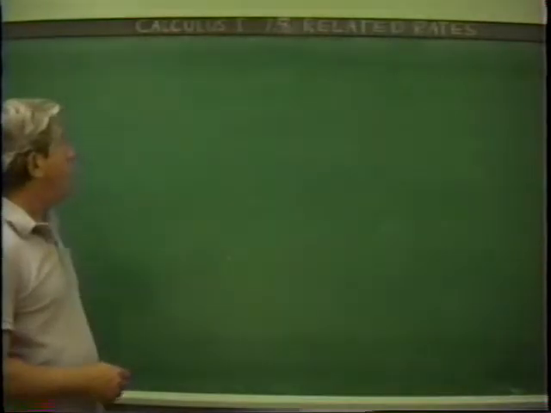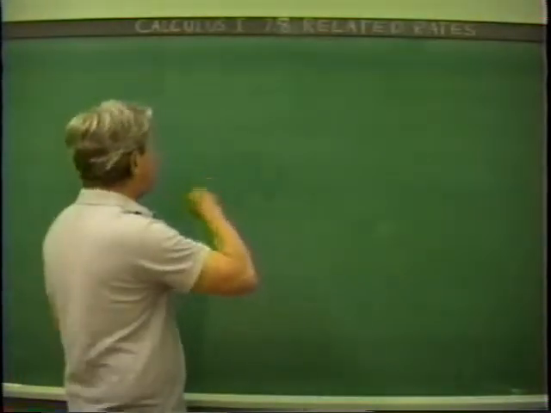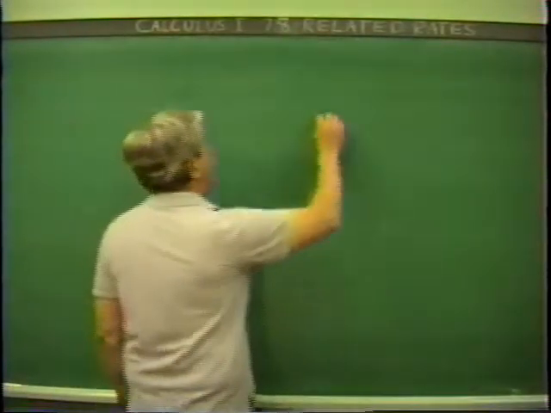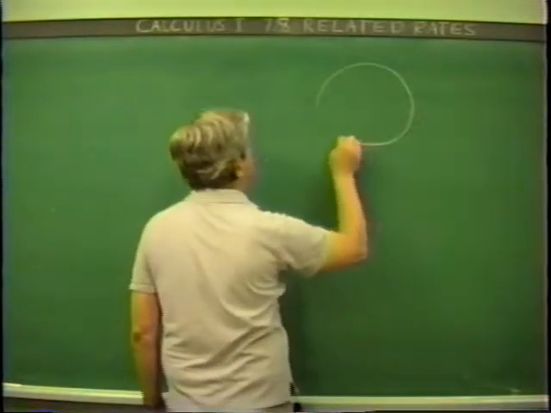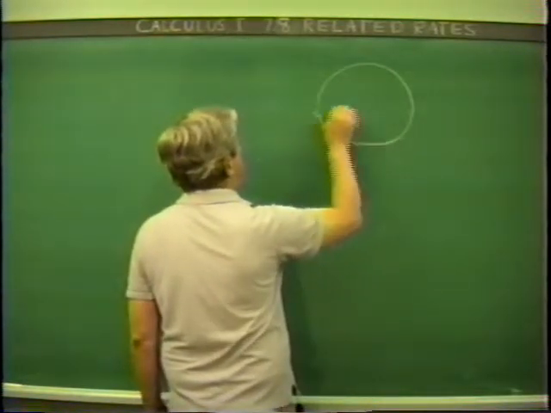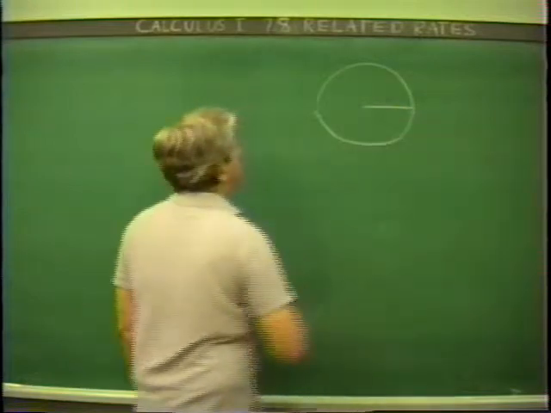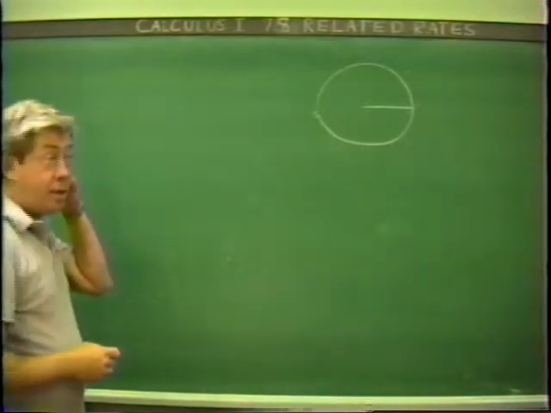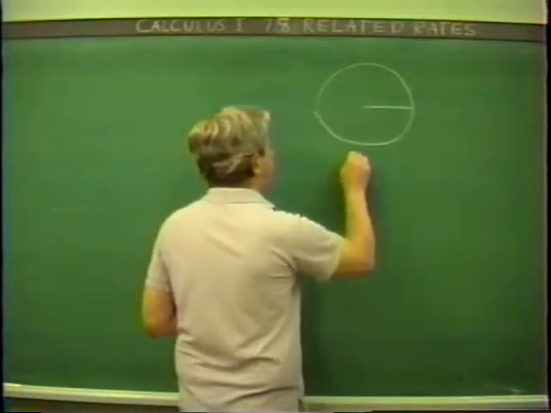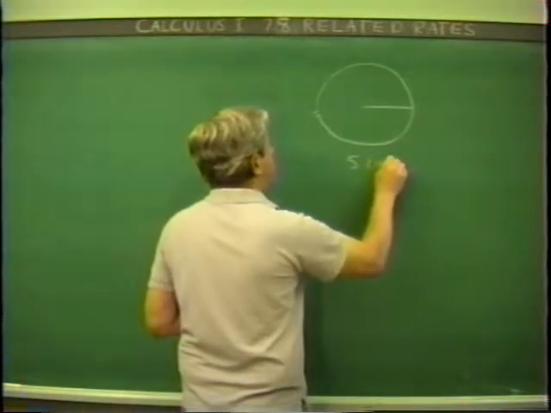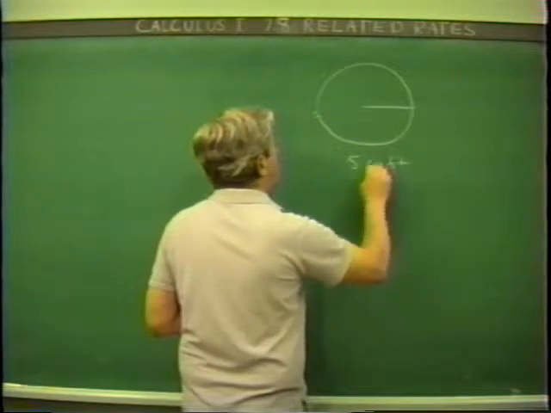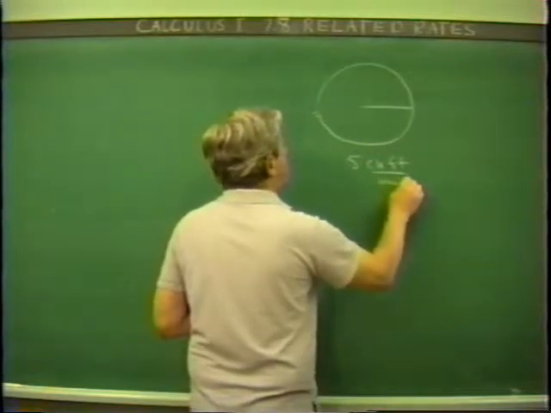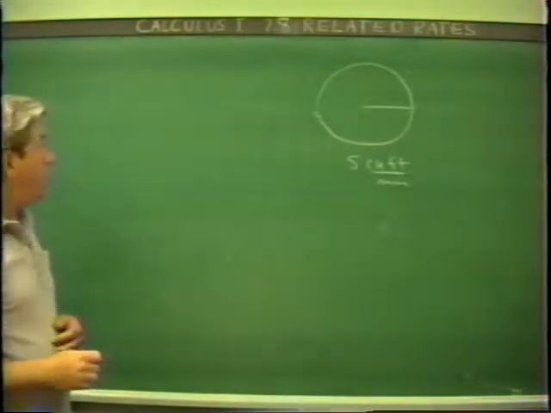Okay, a second example of related rates. Let's suppose that we have a balloon, and it's going to be a spherical balloon, which is being blown up at, let's say, 5 cubic feet per minute.